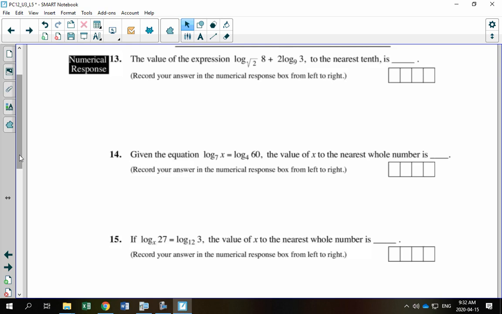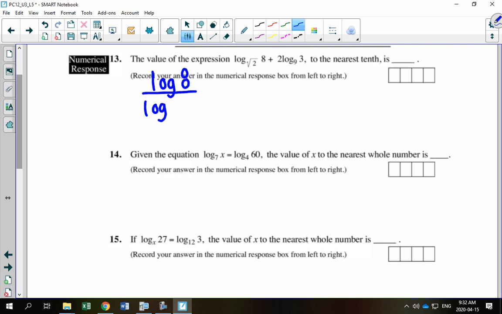So noticing they all have different bases, so we can use that change of base, which we just finished practicing. So log base square root of 2 of 8 with the change of base would be log 8 divided by log root 2. And it's being added to 2 times change of base again, log 3 divided by log 9.